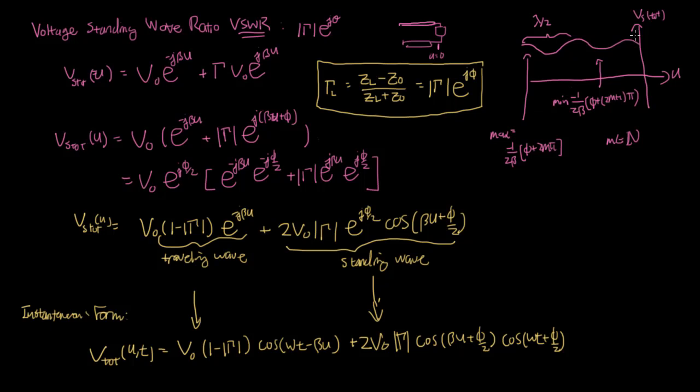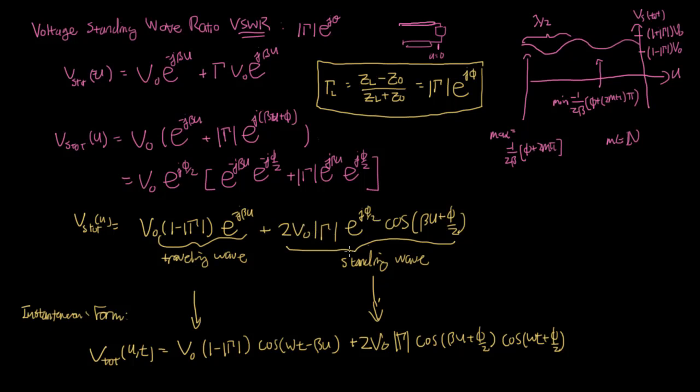And then the value of the max and min, if you take a look at this, the maximum is going to be equal to 1 plus the absolute value of gamma, times v naught, and the minimum is going to be 1 minus the absolute value of gamma, times v naught. In other words, the minima is where the standing wave is at a null, so you just have this amplitude here.